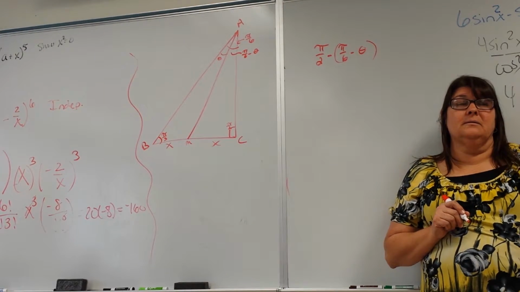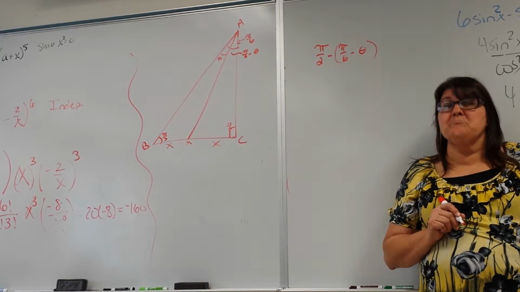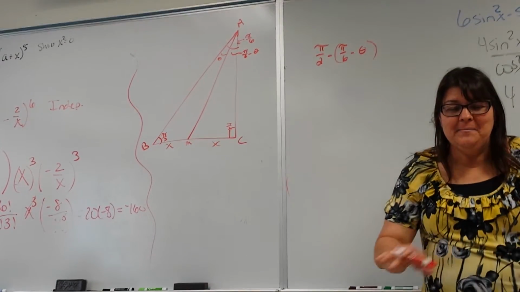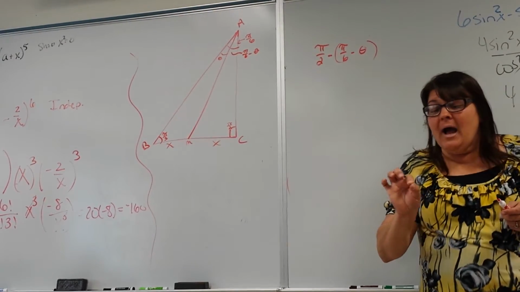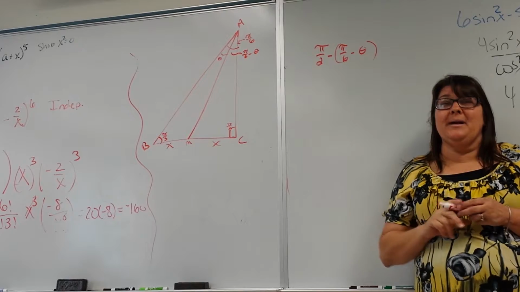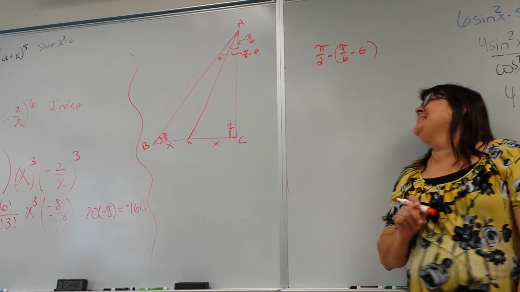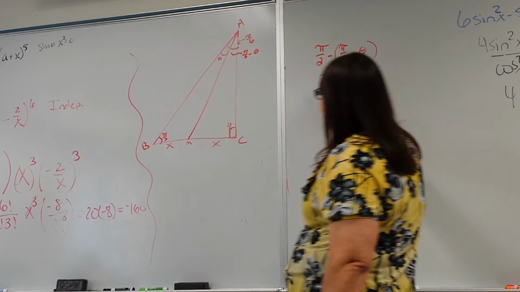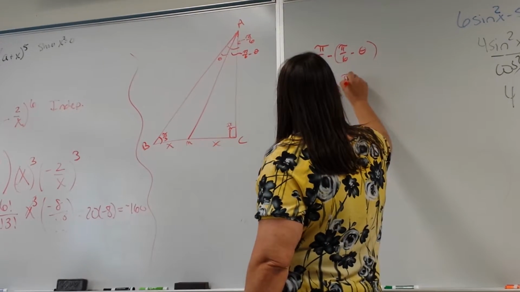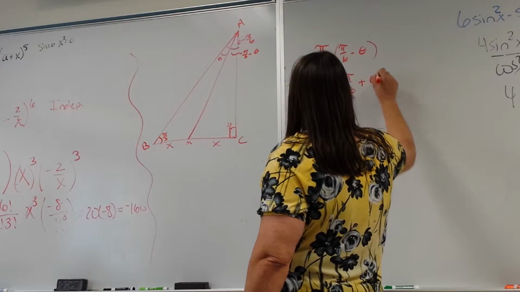That's the third choice. Maybe they'll give you a point for that. So pi over 2 minus pi over 6 plus theta.